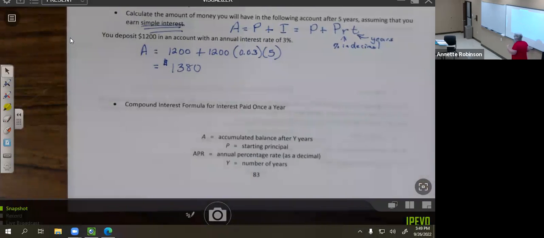With compound, they go in your account, figure out the interest, put it back in your account, and then the next time they figure out your interest, it's not your original principal, it's your new account amount. So compound interest is interest on interest. You get interest on the interest you've already earned.